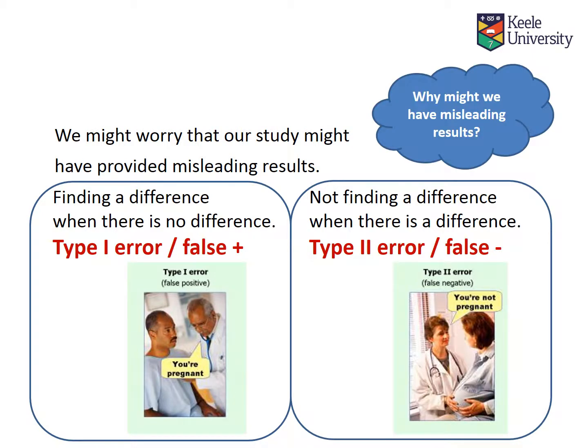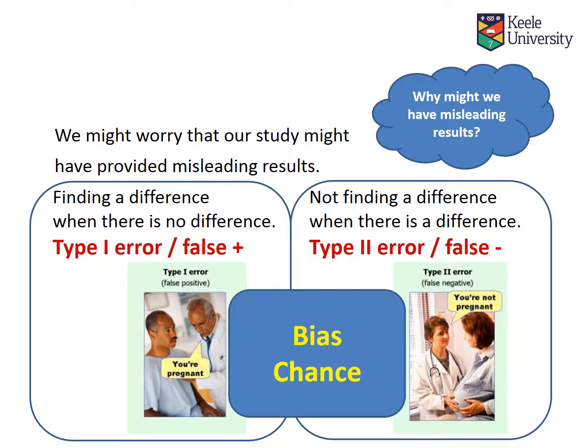Now, after we've done everything, which is checking for the conduct of our study, we still have these problems. Why? Well, we did talk about bias, so that's one issue. The other reason why this might happen is chance. So you could do the most perfect study.